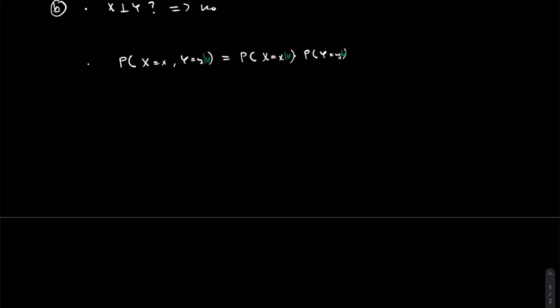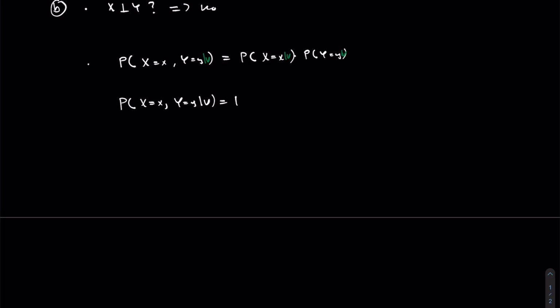All right, so let's take that. Just write down this again. P of X equals x, Y equals little y, conditioned on V, and see what we get.